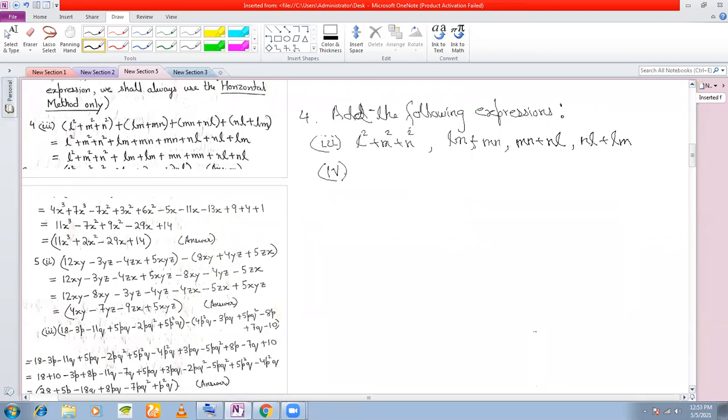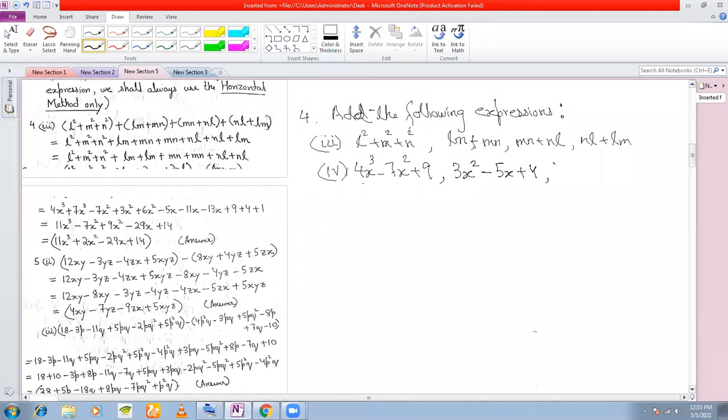So the question here was to add up these: 4x cube minus 7x square plus 9. The brackets here also are not given, so I will also not give brackets. In the solution, I will give brackets when I'm solving it. 3x square minus 5x plus 4.